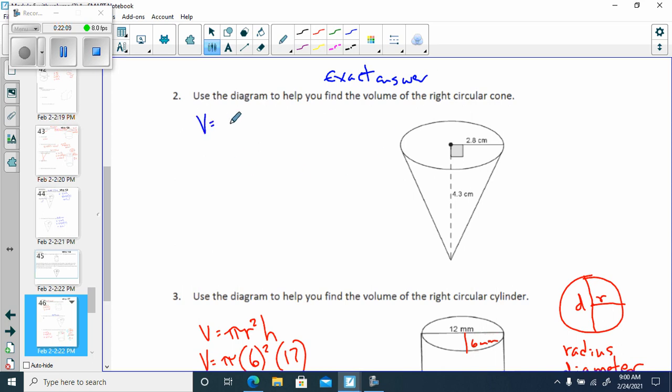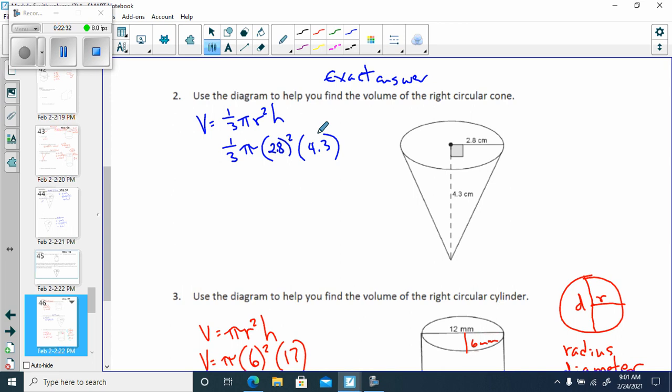If I've got the volume here, you would have 1/3 pi radius squared height. Okay, so we leave pi in there. Our radius is 2.8, and we're squaring that, right? Our height from the center to the tip is 4.3. Okay, let's do the math.